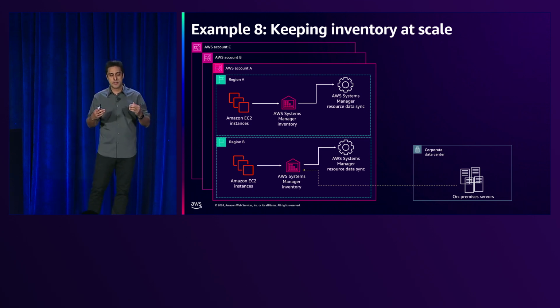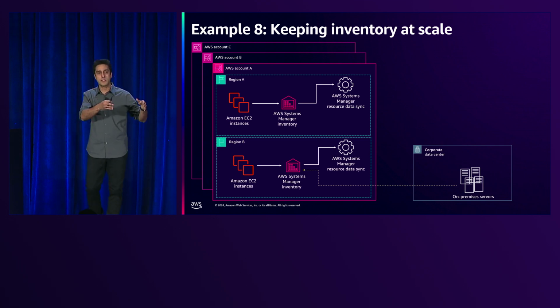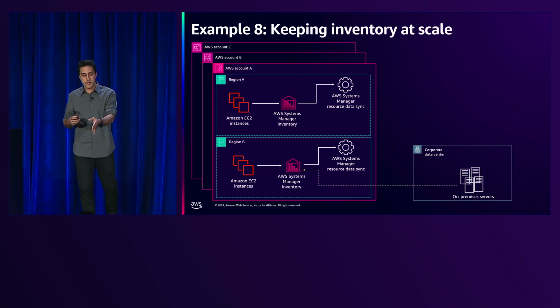These EC2 instances are using AWS Systems Manager Inventory to capture the inventory of that region and those instances and send it to AWS Systems Manager Resource Data Sync. Think about Resource Data Sync like a repository of all this captured inventory data. Systems Manager Inventory can also work with your on-premises.